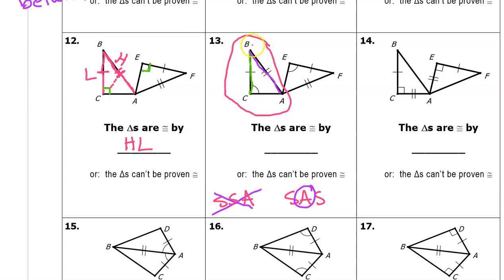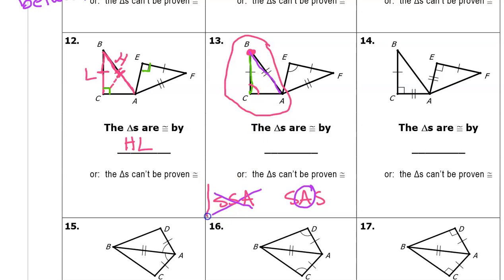Look where these two sides meet. They meet right here. That means this is the angle that is between the two sides. Is that the angle that is marked congruent? No, it is not. The angle that's marked congruent is way down here. So the angle is not between the two sides.